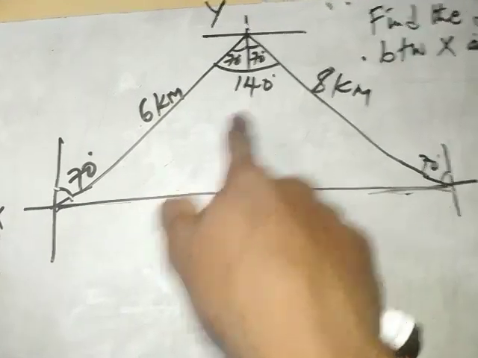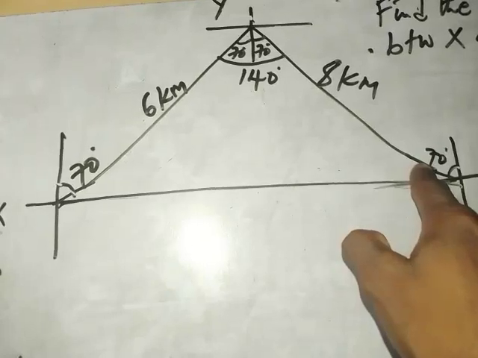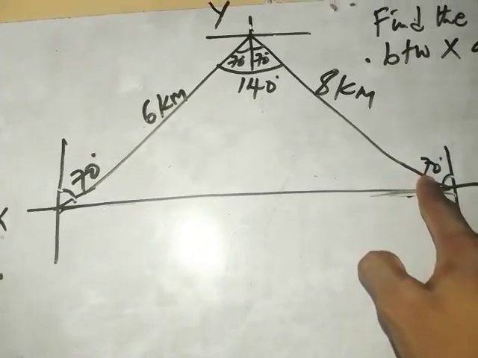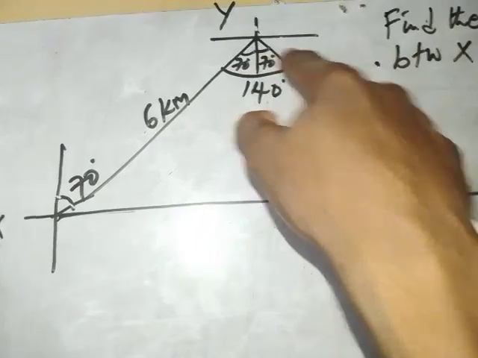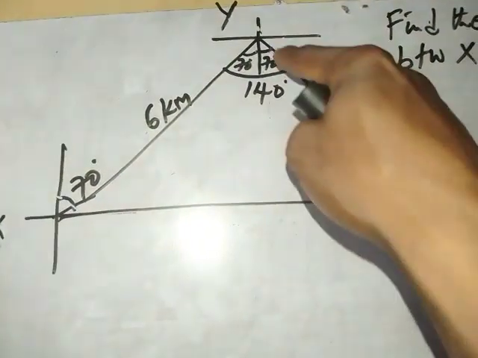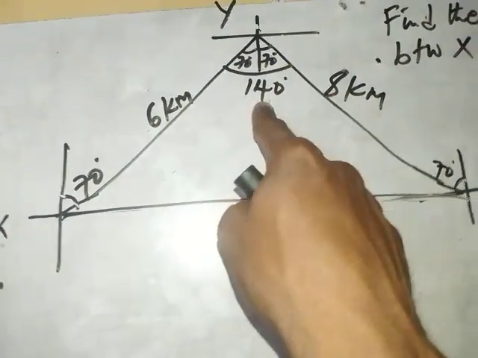What you need to locate is to know that alternate angles are equal. That means you are going to locate this side to be 70, because this angle is alternate to this side. So if this is 70, this is 70, and this is 70. So 70 plus 70 will give you 140.